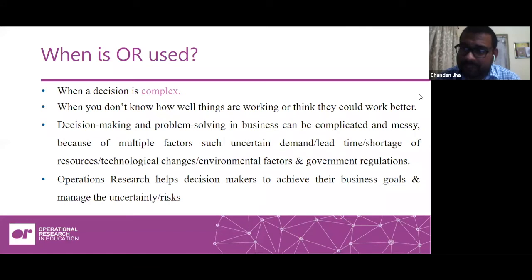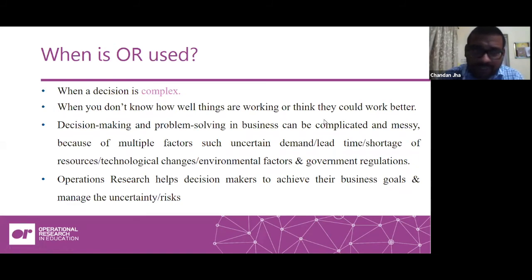Whenever we are recommending anything, there are a lot of factors. That's why the word is multiple factors. This is the reason the situation is very challenging, and that's how operational research models help.